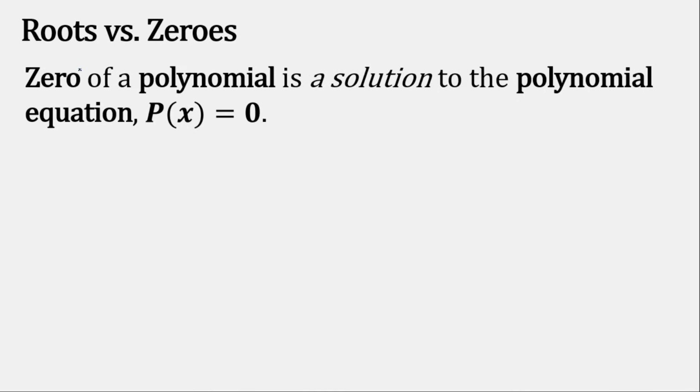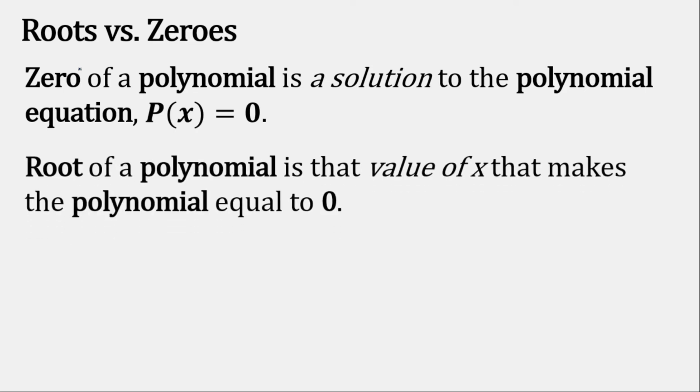So a zero of a polynomial is a solution to a polynomial equation, meaning you have a value of x that would make that polynomial equal to zero. Zeros are for the solution and polynomial, and roots are for the values of x, for the polynomial to be equal to zero.